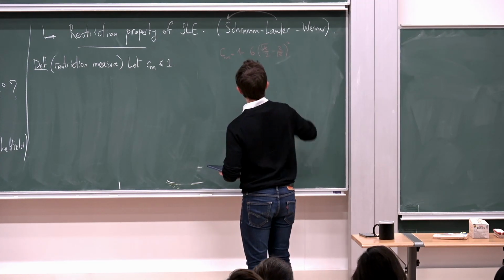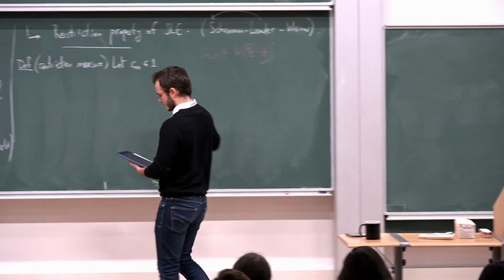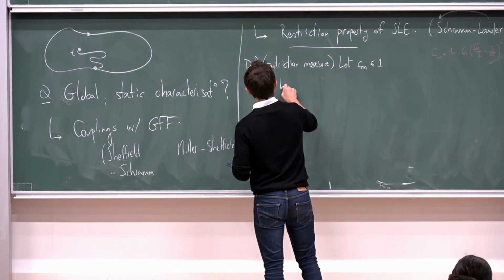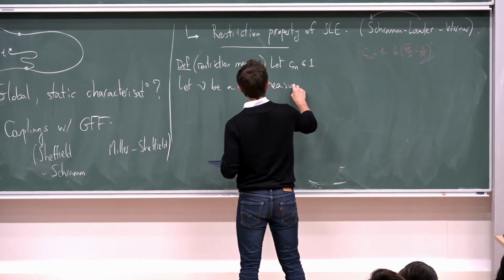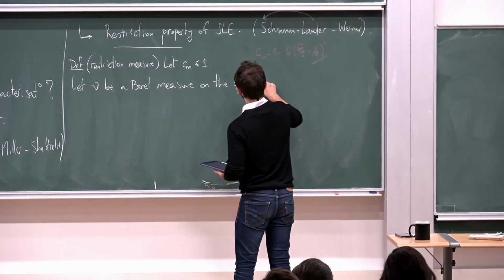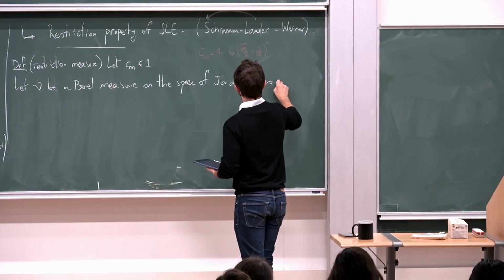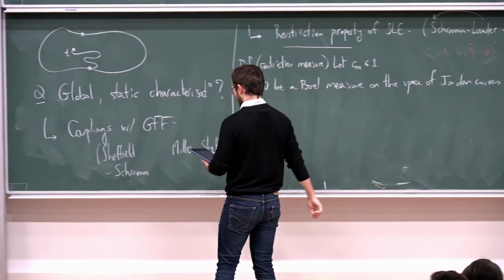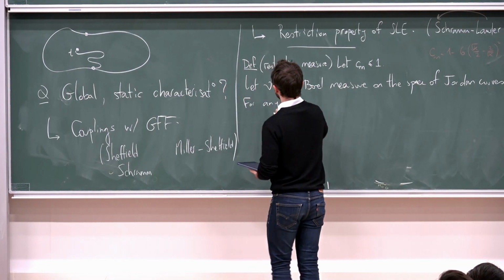But for now, Cm can be anything. Let nu be a Borel measure on the space of Jordan curves of the Riemann sphere. So this space is a nice space. You can equip it with the natural topology and so on. And so I have a measure.